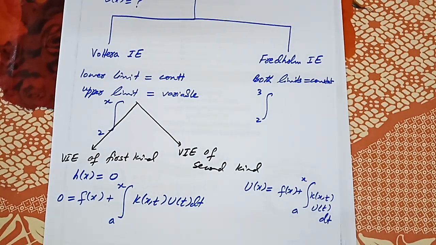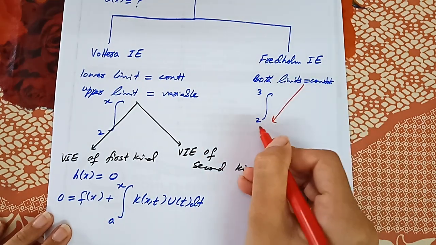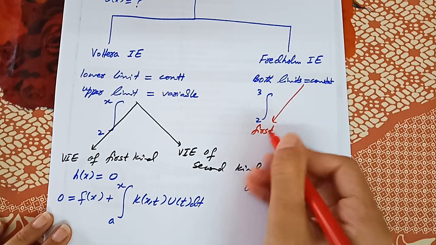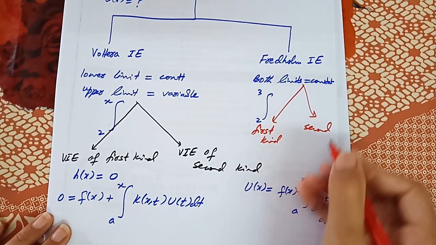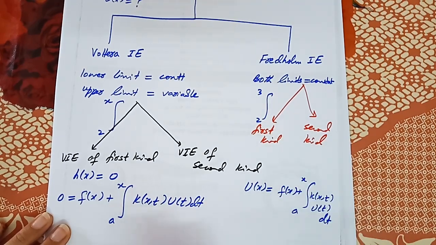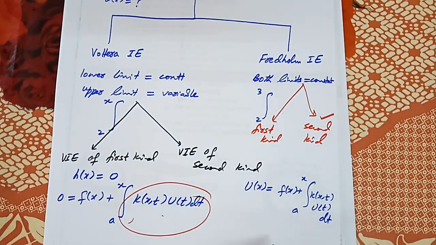You have here the Volterra integral equation of first kind and Fredholm integral equation of first kind, and you also have here Fredholm integral equation of second kind. In the first kind, the u is only appearing under the integral sign. And in the second kind, the u will appear under the integral sign and also other than the integral sign, like this.